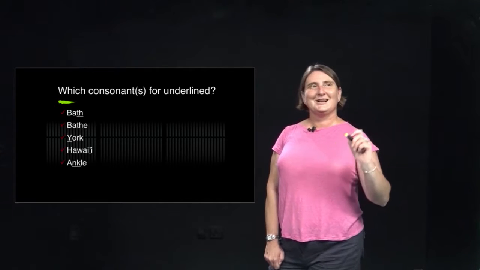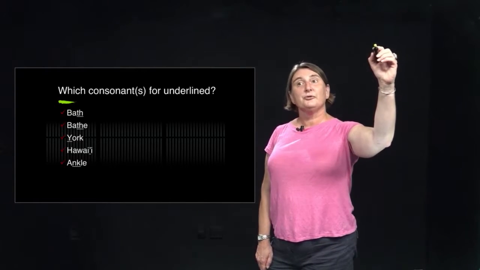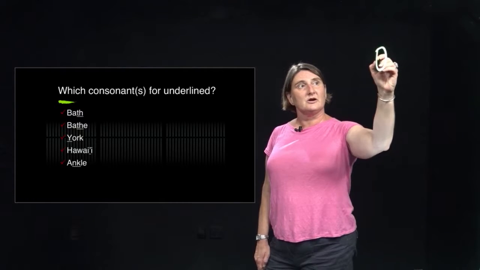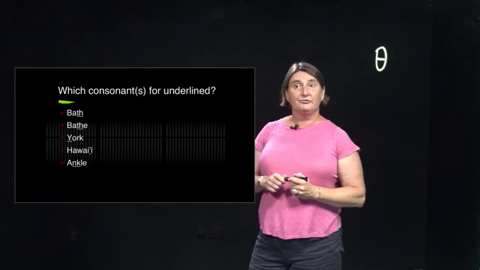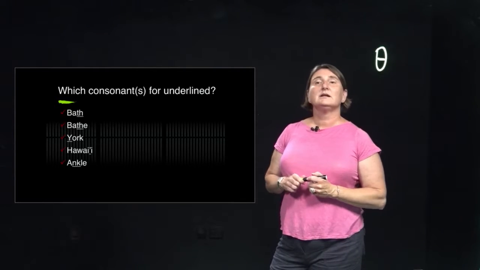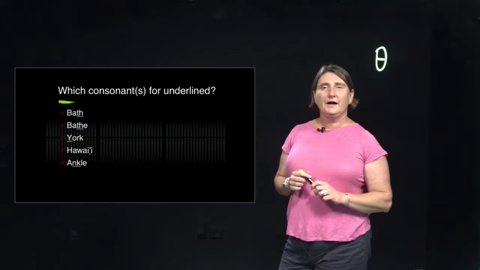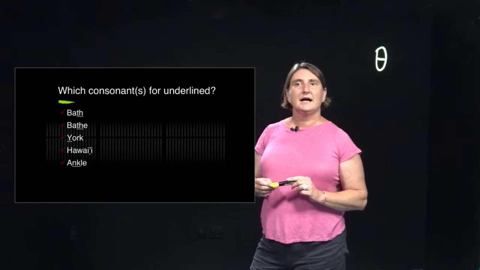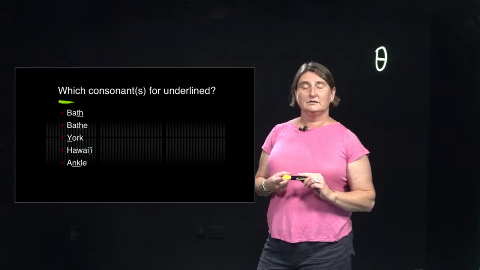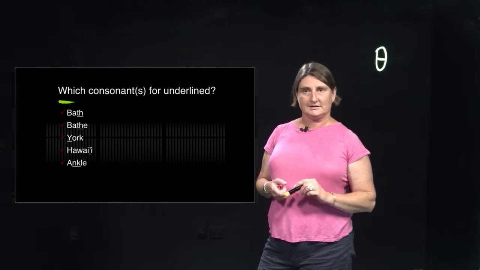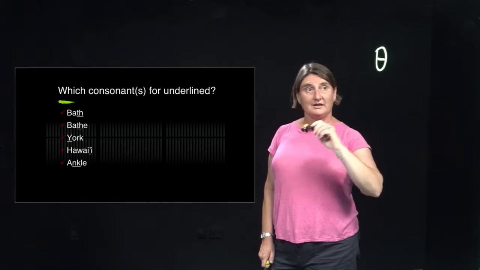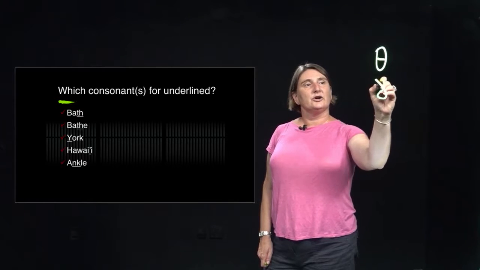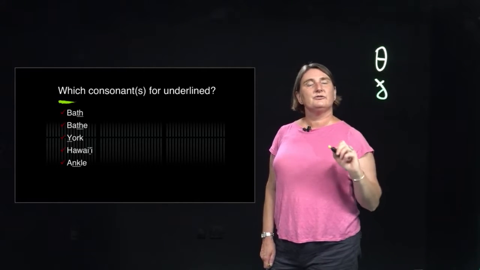I hope you think it sounds like the one in thin. So for bath, we would use our theta. Now, for the related verb bathe, think about that one. Does that sound like thin or does it sound like this? I hope you'll agree it sounds like the one in this. So this is the curly D with a line through it for the.